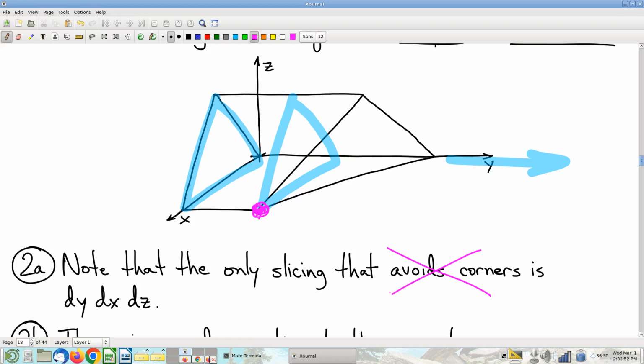When you slice through a corner, bad things happen. You're going to have to stop that integral there, start a whole new integral. Everything's going to be different, and it just makes everything harder. So bad news.